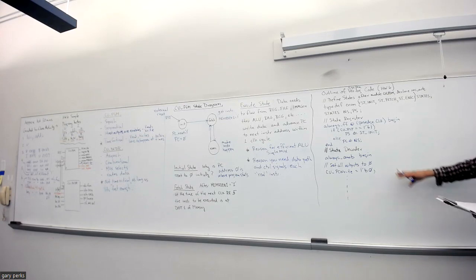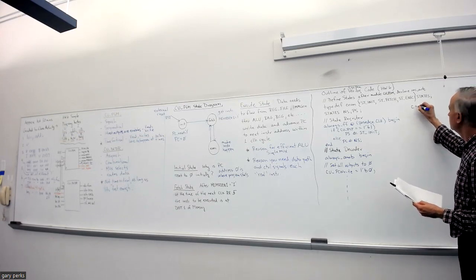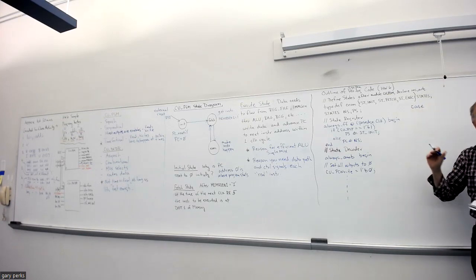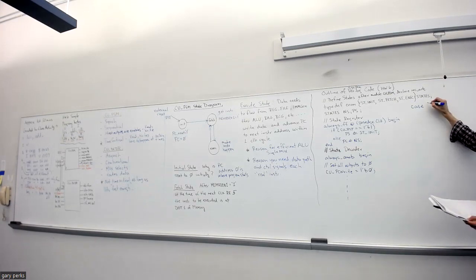After you set the outputs to 0, you're going to have a case statement, because the case statement is going to determine where you go next. So what do we want our case statement to be sensitive to? When what changes? Not the clock.